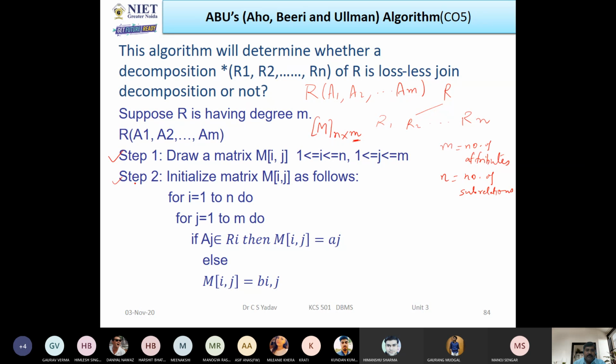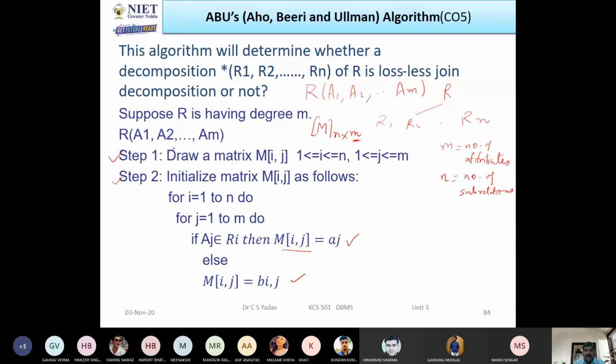Then in the second step, we will initialize the matrix as follows. Here we will use a nested loop. For i equal to 1 to n, and then an inner loop for j equal to 1 to m. If Aj belongs to Ri, then Mij is initialized with small aj, else Mij is initialized with bij.